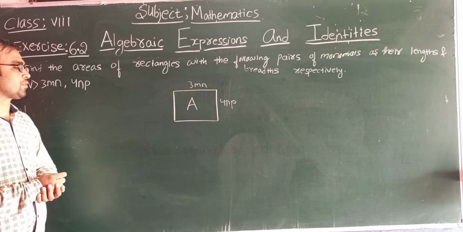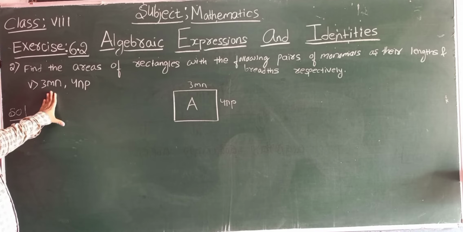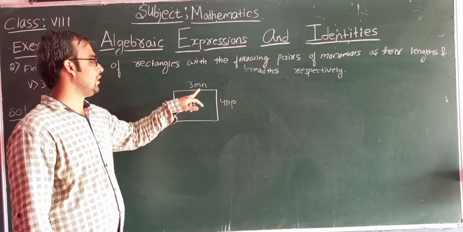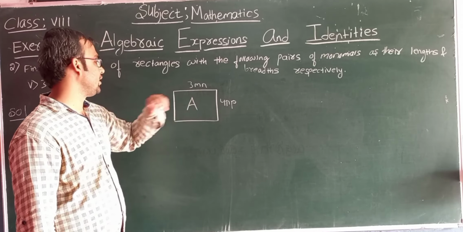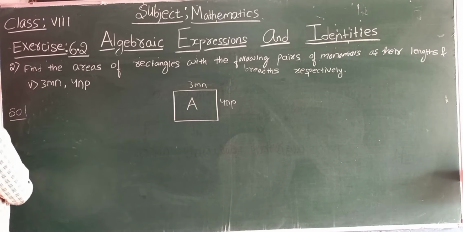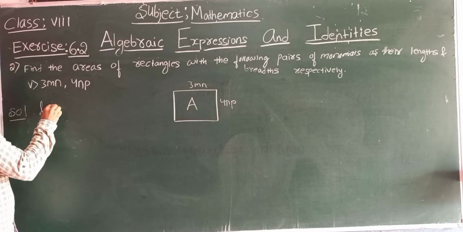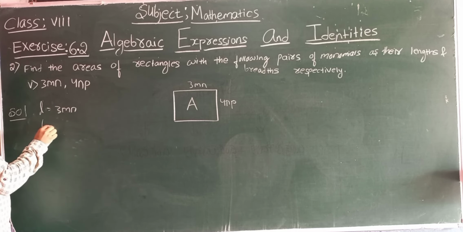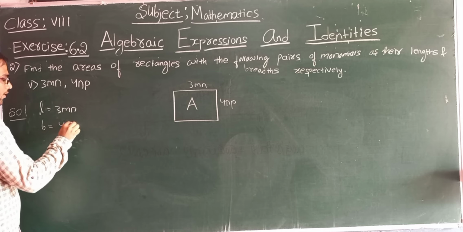Students, now let's solve the fifth question. What have they given? 3mn and 4np. If this is a rectangle, the length is 3mn and the breadth is 4np. So write length equals 3mn and breadth equals 4np.